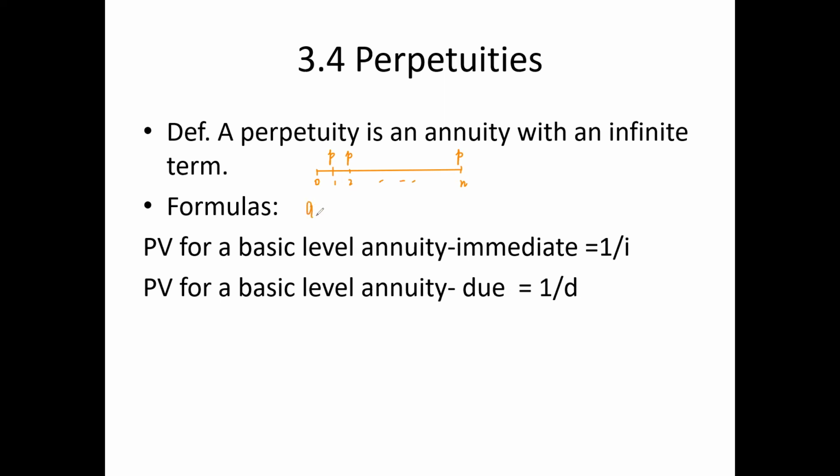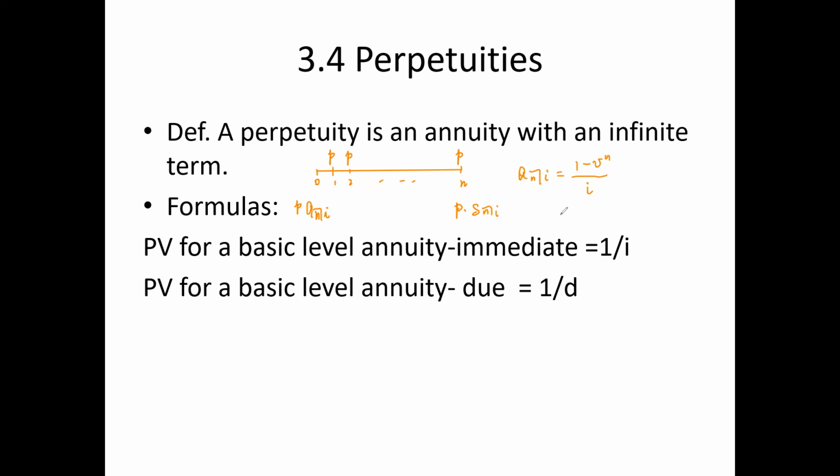We have a sub n angle i. Well, it's p times that, because the payment is not 1. So we have p times a sub n angle i, and the formula for a sub n angle i is 1 minus v to the n over i.